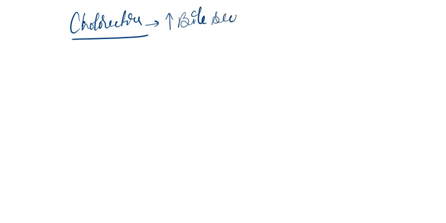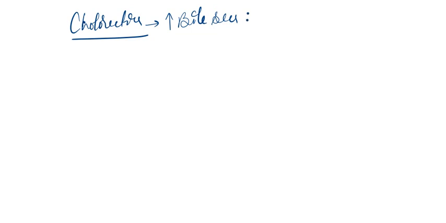Now I want to discuss one statement. The gallbladder also secretes its secretion. One of the doctors asked me, what is the function of cholagogues regarding digestion? Simply, they increase the bile secretion.